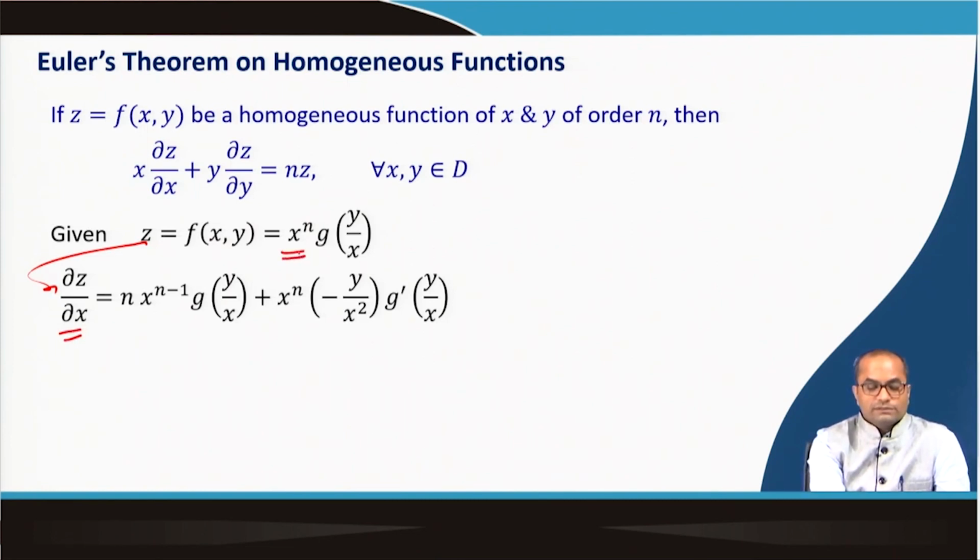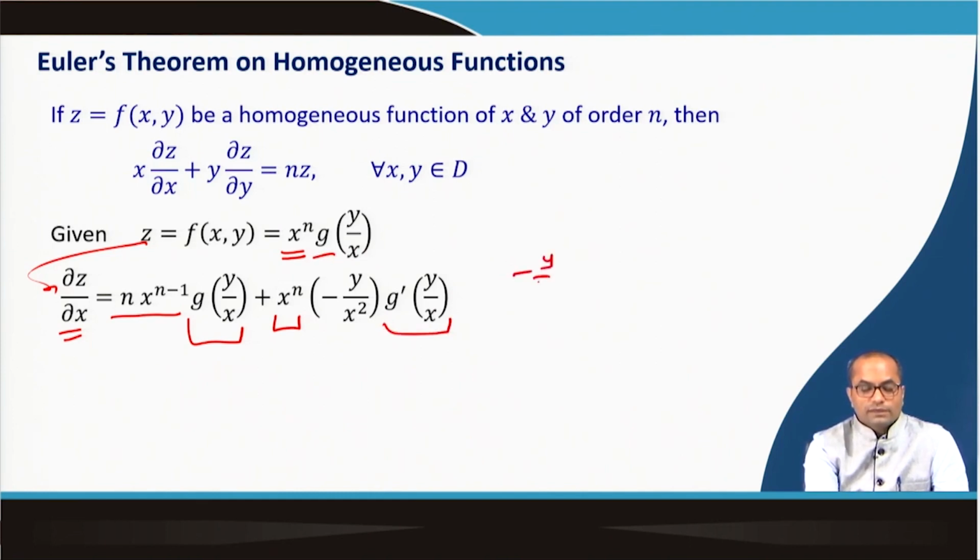So, we have first the product rule here: n x power n minus 1 times g as it is, then x power n as it is, and then g prime of y over x and the derivative of y over x, which is minus y over x squared. That is the term we can see here.